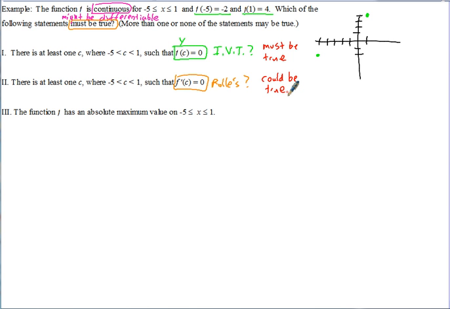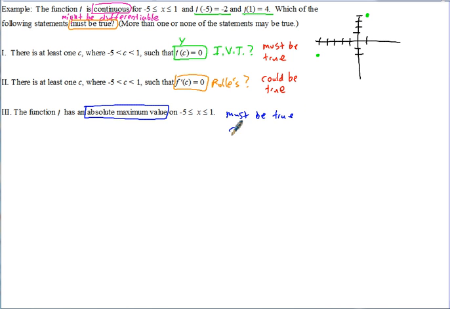And finally, the last one has an absolute maximum value on -5 to 1. The only condition for a function to have an absolute maximum and absolute minimum, that's the highest y value in this case, is that the function must be continuous. And it does tell us it's continuous. So this one must be true, because even if you don't have a relative maximum, you still would have your endpoints to use.